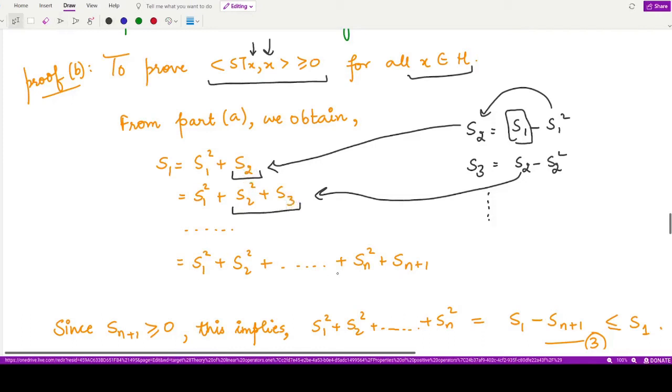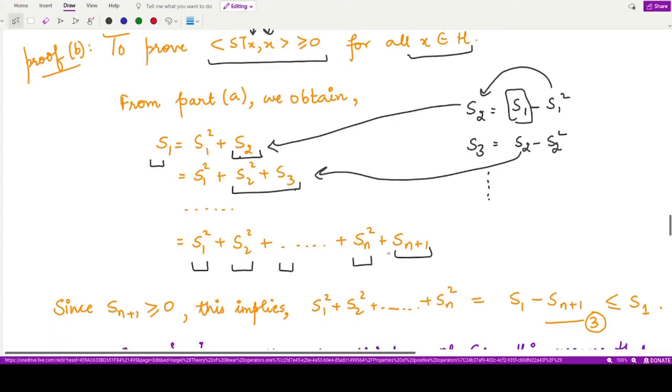So moving on and continuing like this, you have S1 written as S1 square plus S2 square plus S3 square and so on up to Sn square, and the last term would be greater than this index, because whenever you have S1, that is S2, whenever you have S2, you have S3, so whenever you have the last term Sn, you would have n plus 1 here. So S1 is written as S1 square plus S2 square plus so on up to Sn square, and the last term is Sn plus 1. And because in part A we have just proved that all these are positive operators, Sn plus 1 is also positive, right?